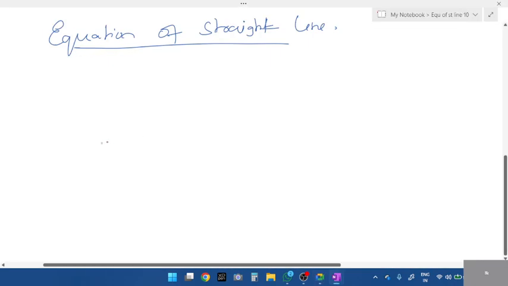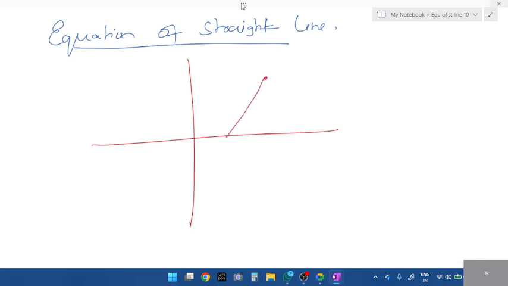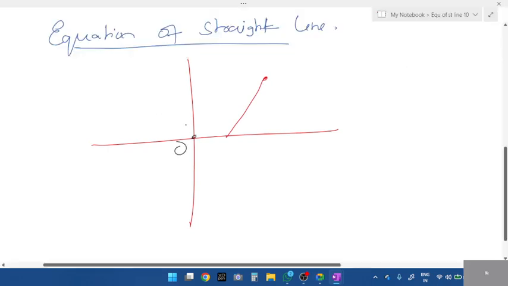Now, equation of a straight line, students. Imagine there is a graph, with coordinates and everything I've done. Now, on this x-axis, if a line passes like this, this is a line. Now, for this line, we always calculate the angle in the anti-clockwise direction.